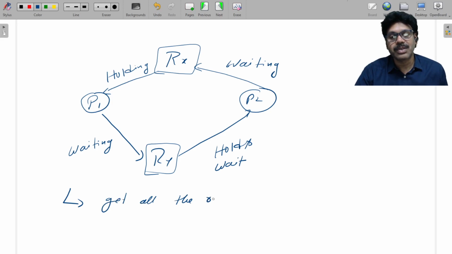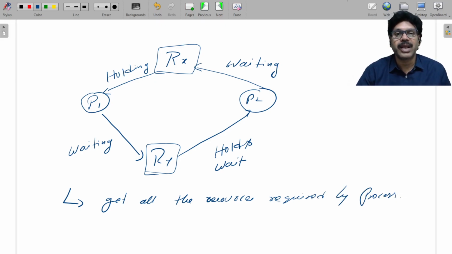Get all the resources required by the process before it begins. Whatever resources you want, like resource X, resource Y, these are the resources needed for successful completion. If you are unable to get any of them, then release all the resources, because you can't run unless all are available. So it breaks the principle of hold and wait.